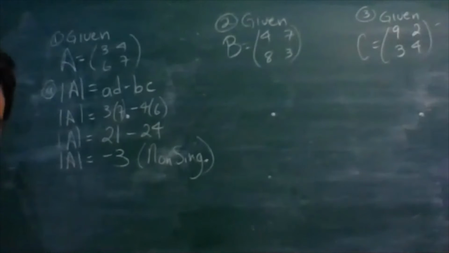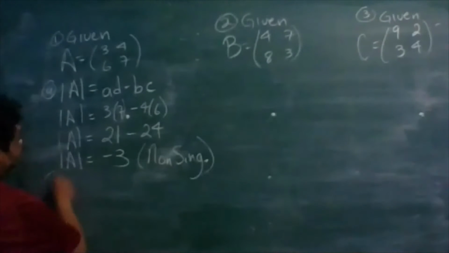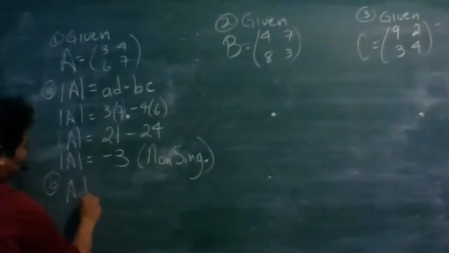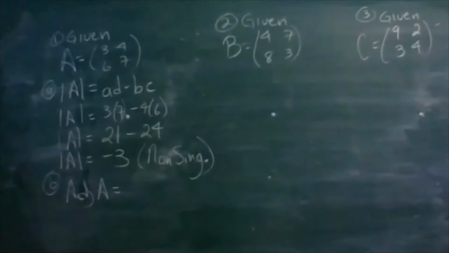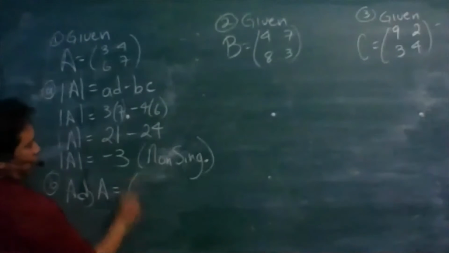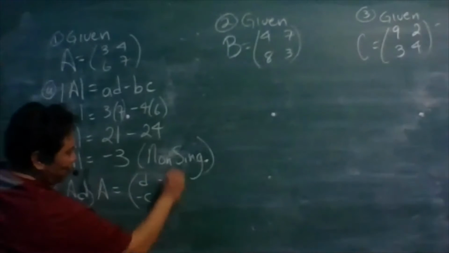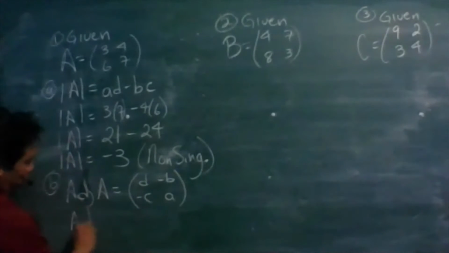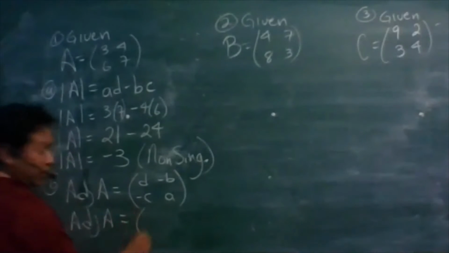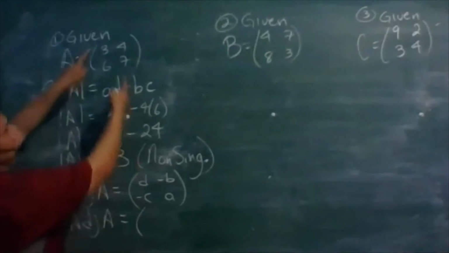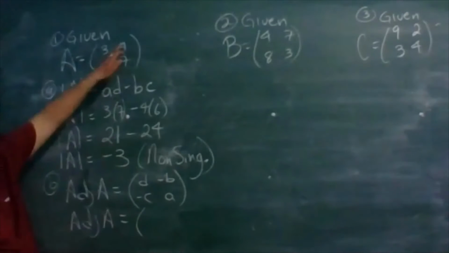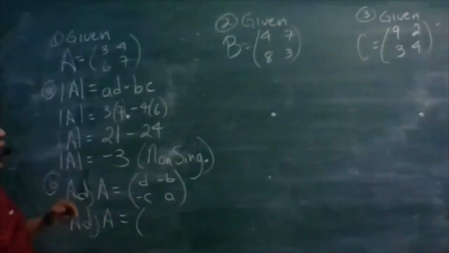So the next part is B. And in B, we're looking for the adjoint of A. Same thing. And so that's going to be D, negative B, negative C, A. So all we're doing is we're reversing the leading diagonal, and we're changing the signs of the non-leading diagonal.